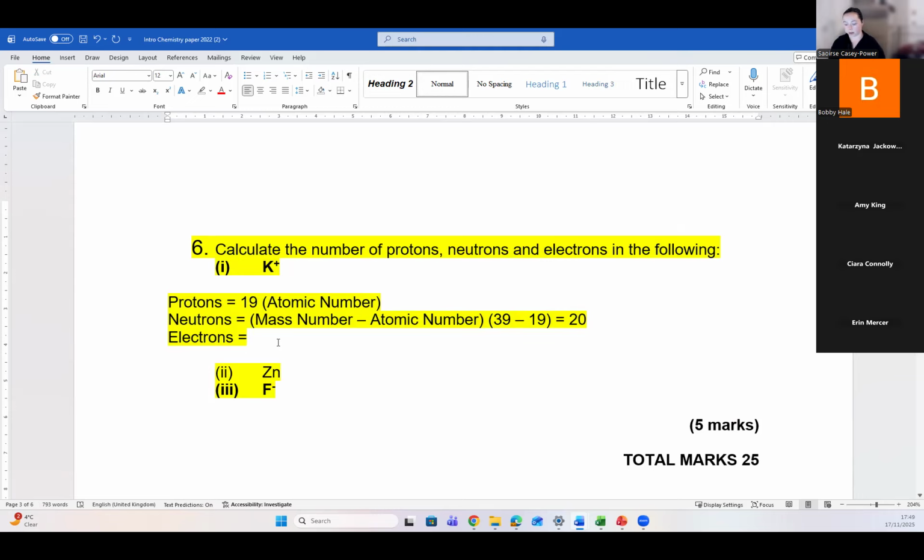If I just had a neutral atom of potassium, it would be 19 protons and 19 electrons, because your protons are positively charged and your electrons are negatively charged.